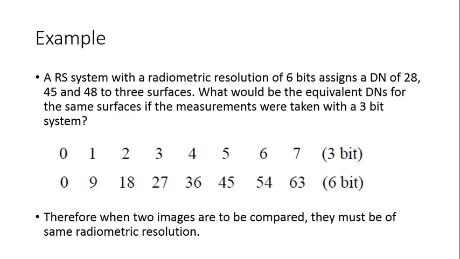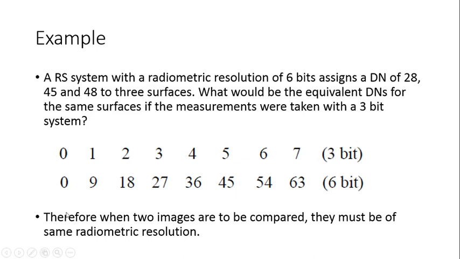So here you can say that the DN recorded by a 3 bit system ranges from 0 to 7, compared to a 6 bit system that ranges from 0 to 63. So this range is equivalent to 0 to 63 of a 6 bit system. Here I have assigned 0 to 7 for the 3 bit system: 0, 1, 2, 3, 4, 5, 6, 7.